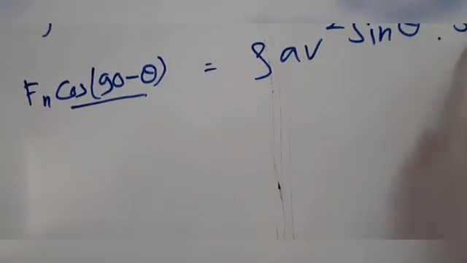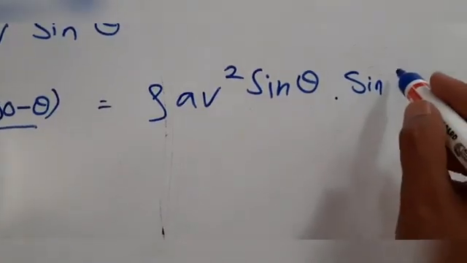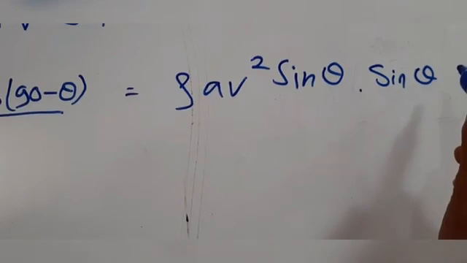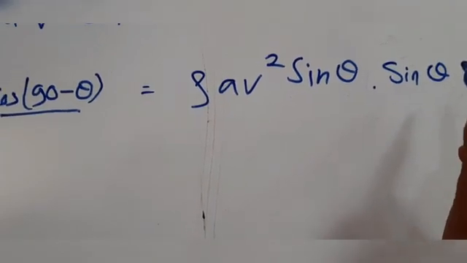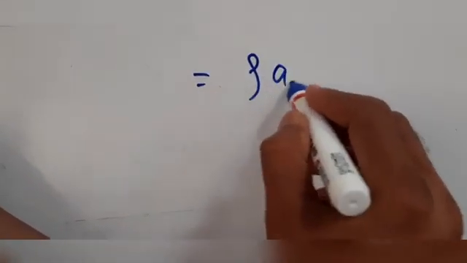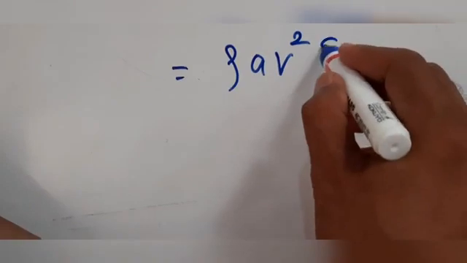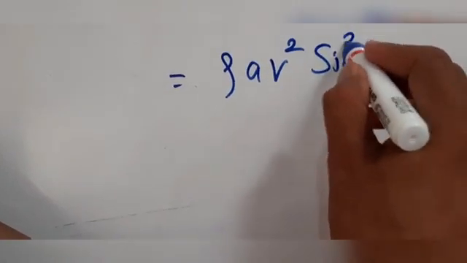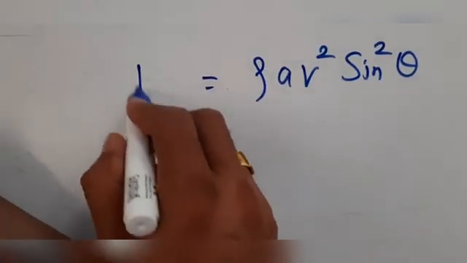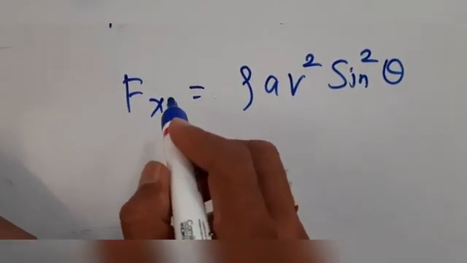So the value of the component comes to rho a v square sine square theta in the direction of x.